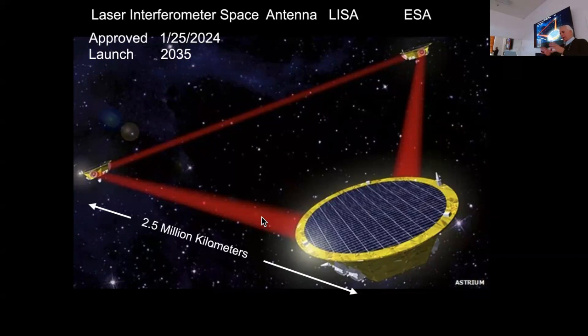What LIGO is detecting is black holes which have masses on the order of 10, 20, 30 times the mass of the sun. But this thing would be able to detect galactic mass black holes, on the size of millions of solar masses. We haven't seen a collision like that. But if that happens in the universe, LISA will be able to detect it.